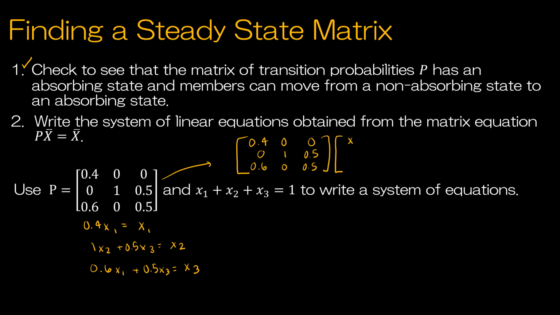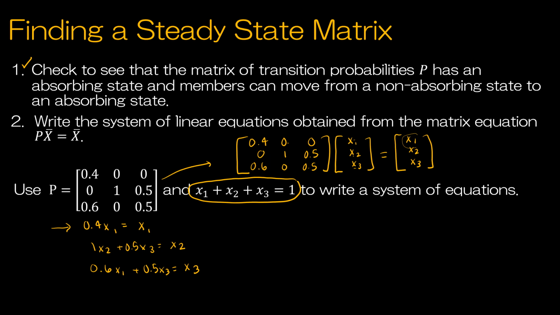We took it times x and set it equal to x. And that's where we got those. So again, 0.4x1, 0x2, 0x3 is equal to x1. That was that first equation. I did that for all three equations, and I'm also going to use this equation.